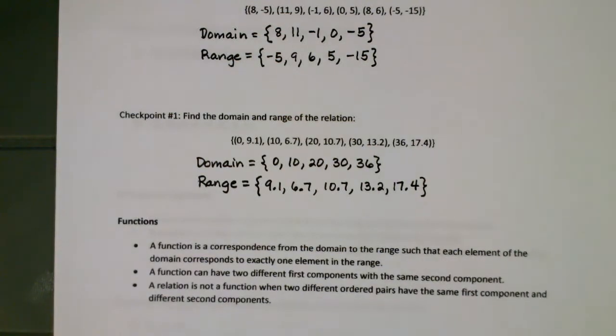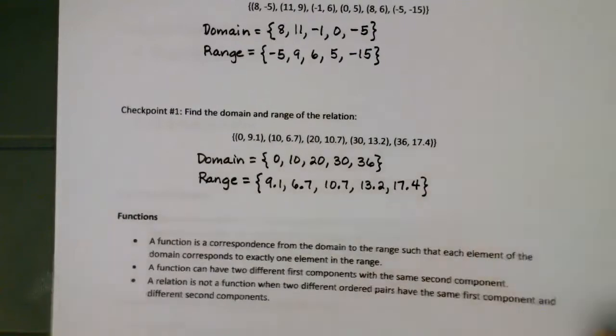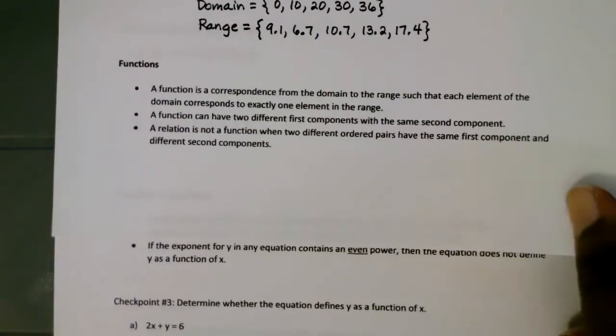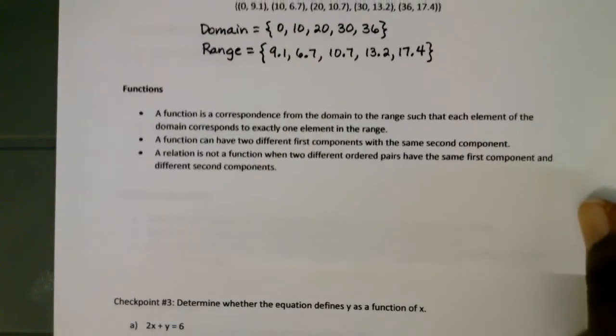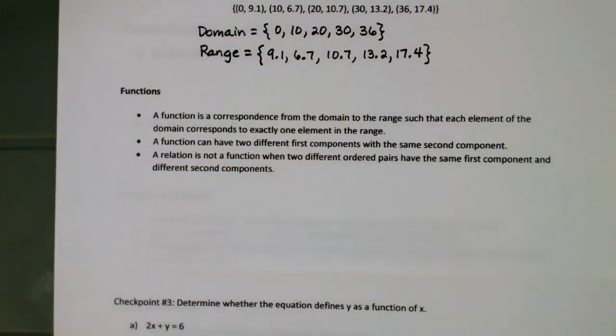All right, next we're going to talk about functions, because some relations can be functions, I should say. All right, now let's define what a function is. A function is a correspondence from the domain to the range such that each element of the domain corresponds to exactly one element in the range.